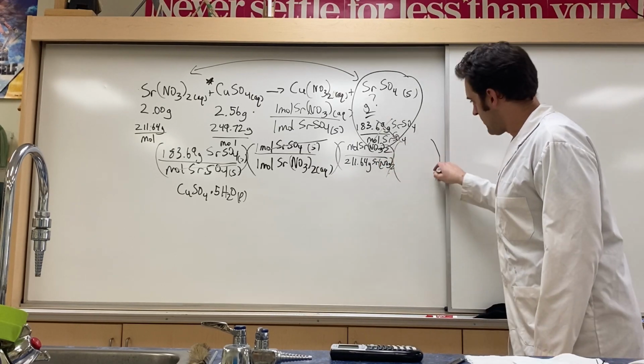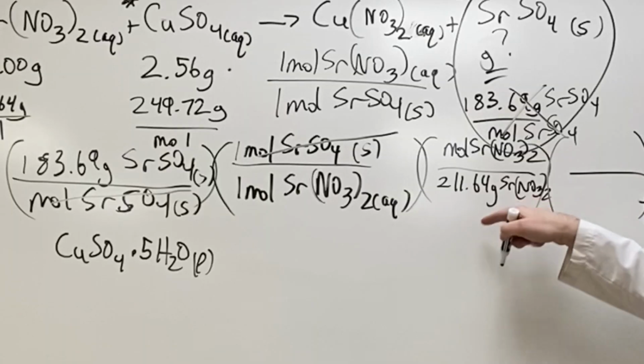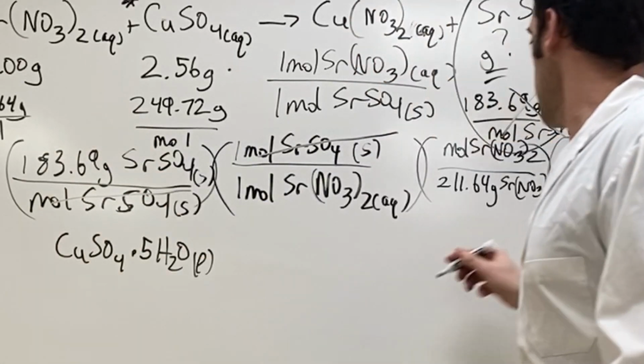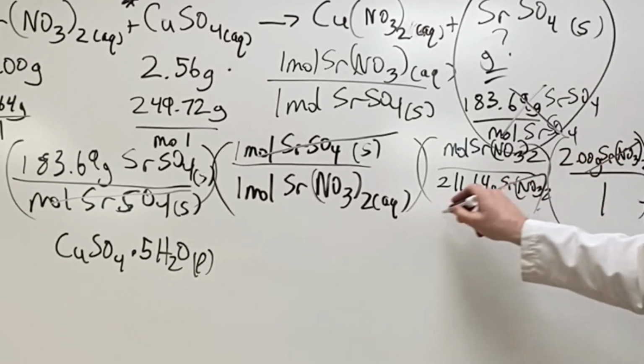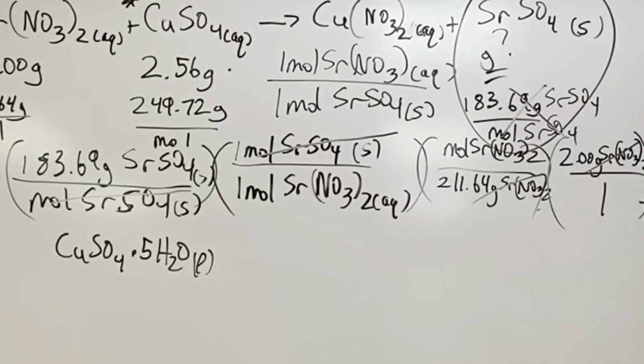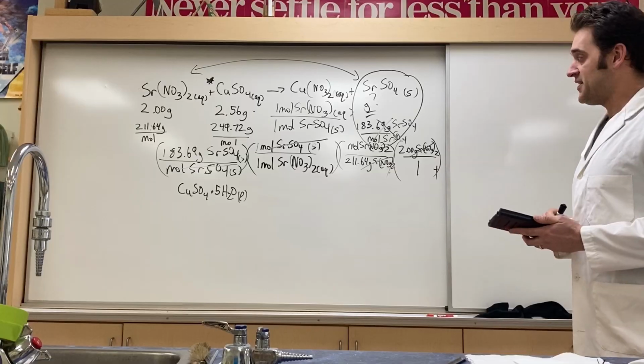And I'm going to get rid of the grams with the 2 grams strontium nitrate right there. Had I planned this a little bit better, it wouldn't be so smooshy. Hopefully people at home can see that.